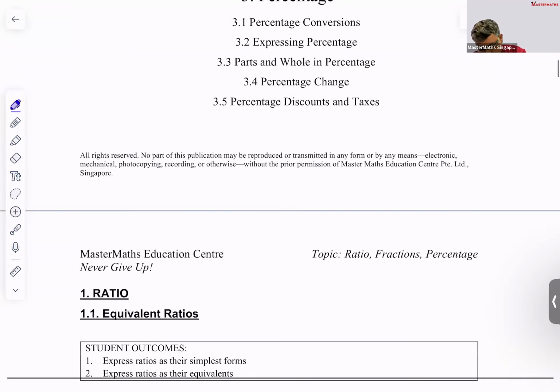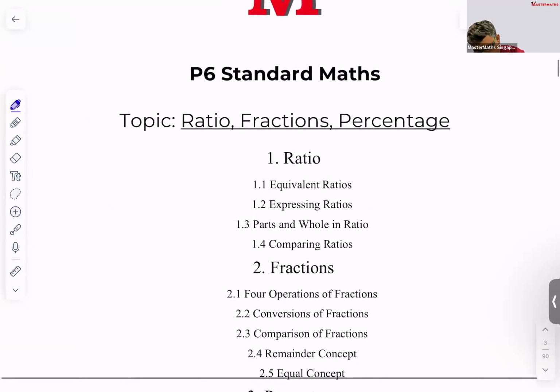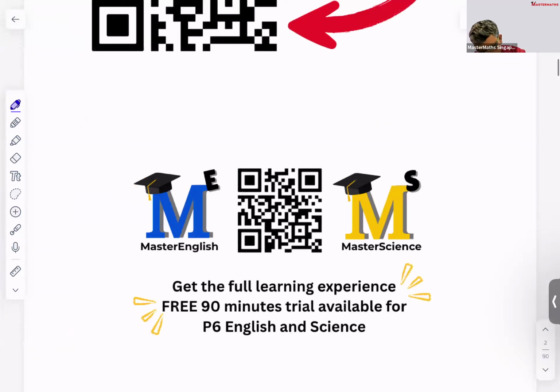Okay, so we're gonna do ratio today. Please write your names on your cover pages.